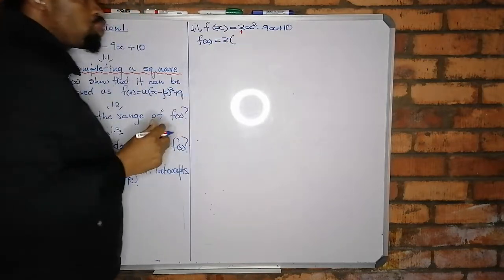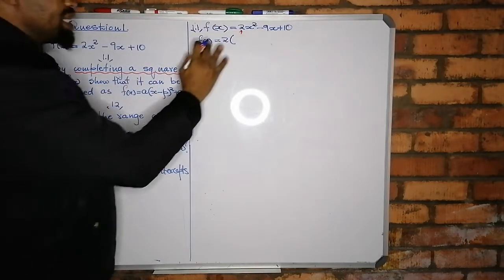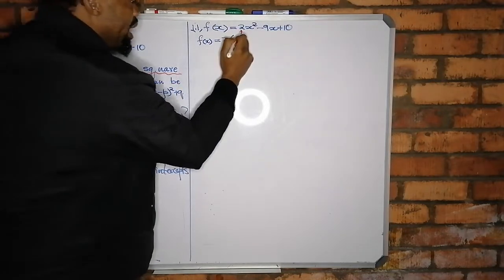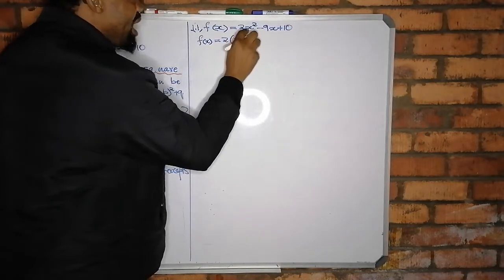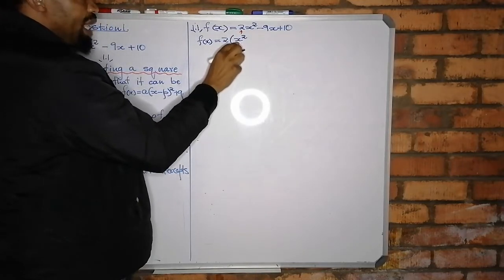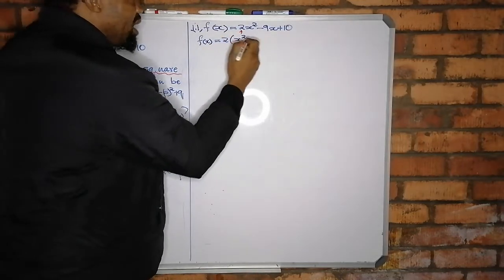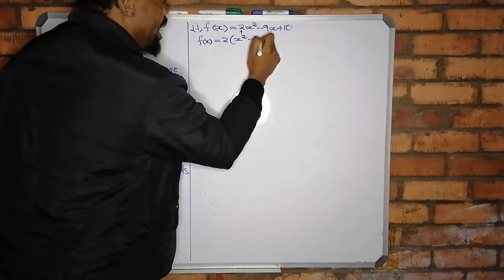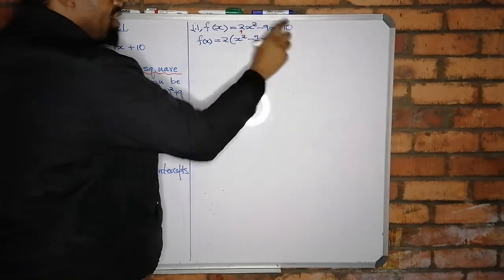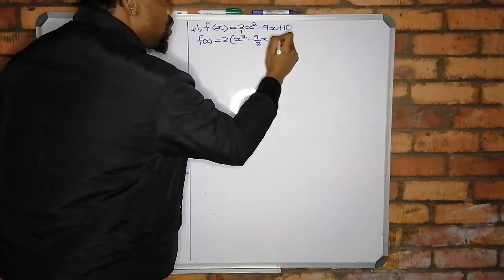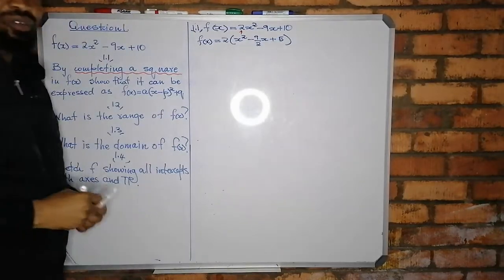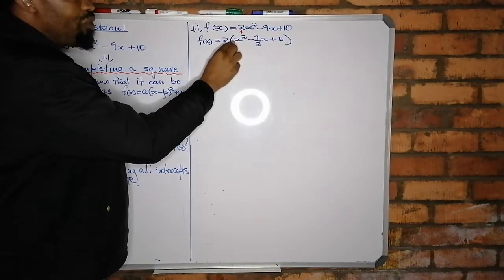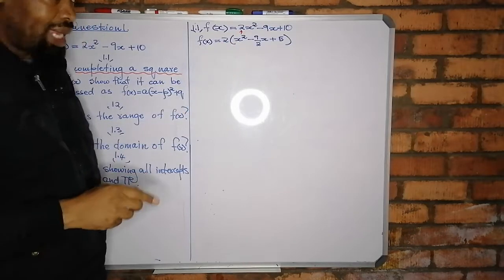Taking out 2 as a common factor to me is the same as dividing each one of them by positive 2. When I divide this one by positive 2, I would get x squared. When I divide this one by positive 2, I would get 9 divided by 2x. When I divide that one by positive 2, I would get a plus 5. Now, the numerical coefficient of x squared is now 1.